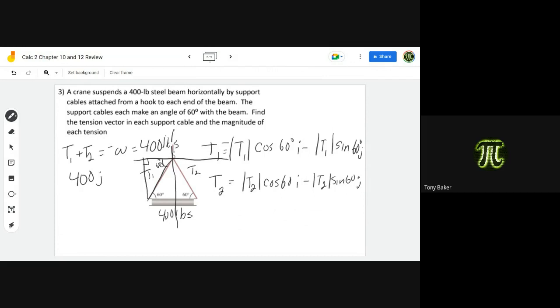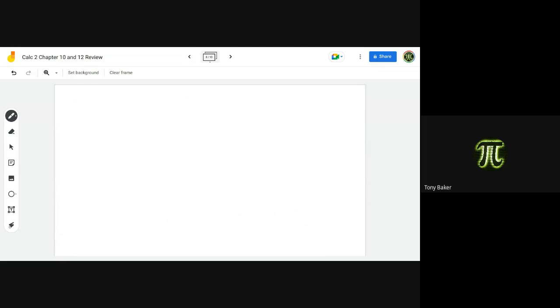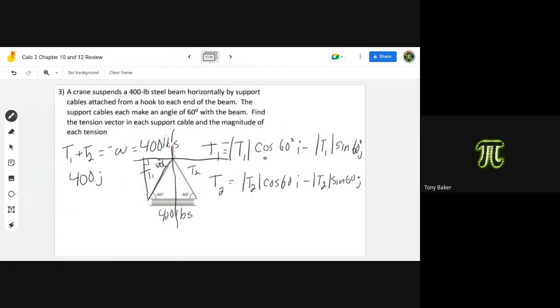Okay. That part makes sense. So we've got to have the two things. Our weight going down is 400 pounds, so it's 400 J. All right. So if we look at our I and our J, we're just going to look at the I's, which ends up being 0, and the J's, which ends up being 400.